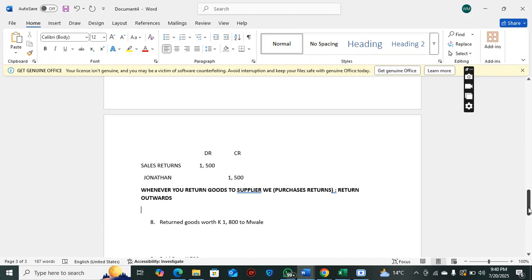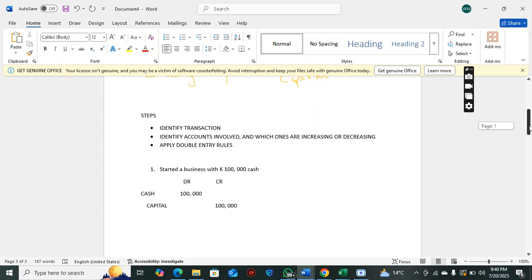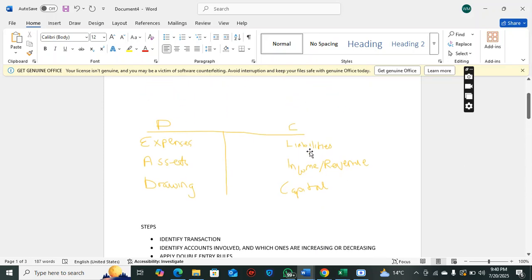So here there's a reduction of two things: a reduction of the purchases expense and a reduction of the amount we're owing Mwale. Mwale is a creditor. A creditor comes under liabilities. According to the double entry rules, liabilities increase with credit, meaning to reduce a liability, you debit.